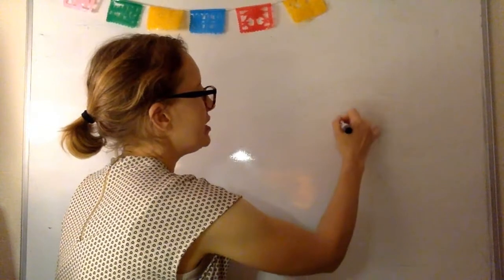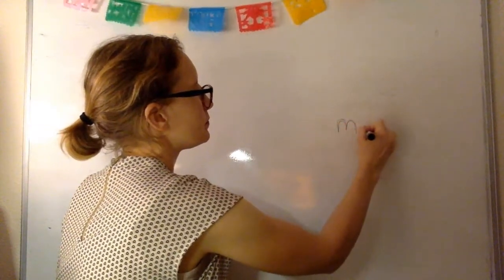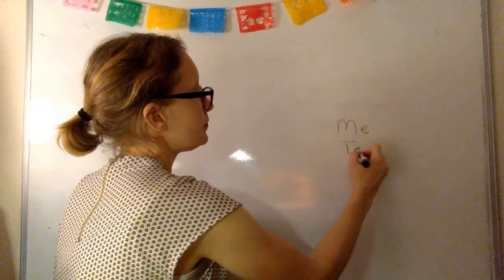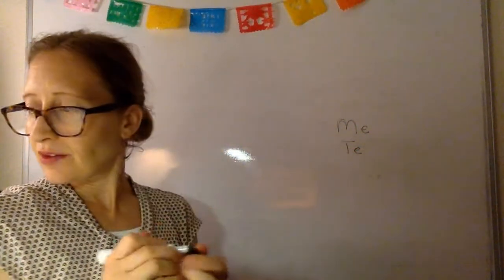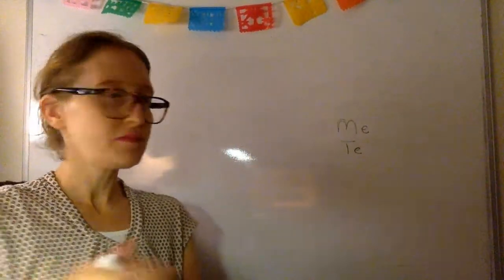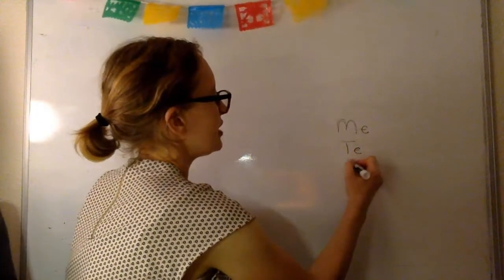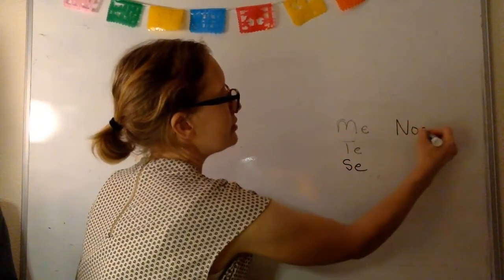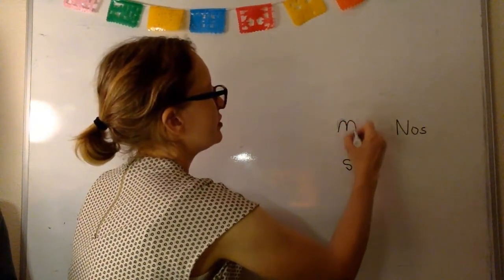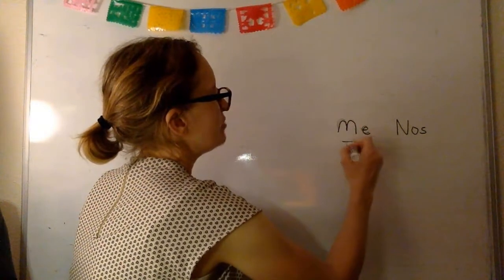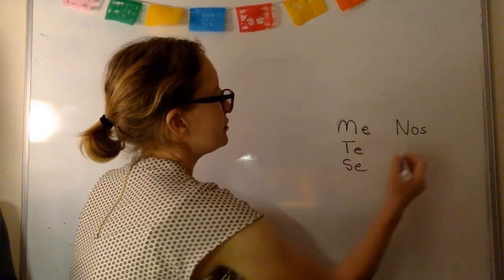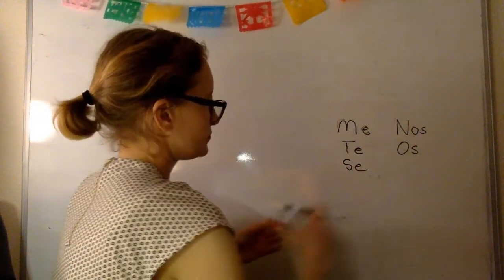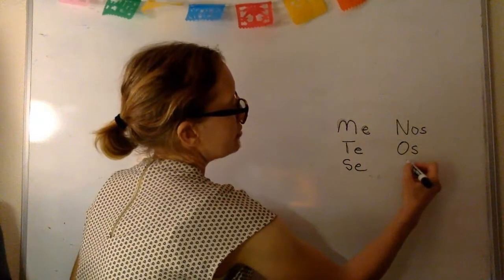Well, we have me, we have te, we have se, we have nos. Notice how these look like the indirect object pronouns. Some of them are the same, some of them are a little bit different. And then we have os, and then we have se.